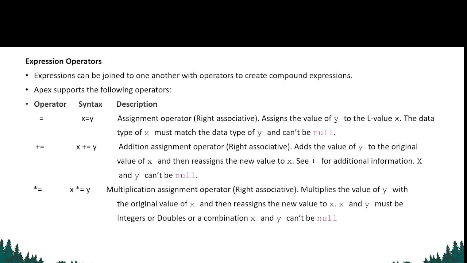Then we have the similar operator, times equals to. This is referred to as the multiplication assignment operator. It will multiply the value of y with the original value provided with x. Then you can get the value either in the integer format or in the double format.